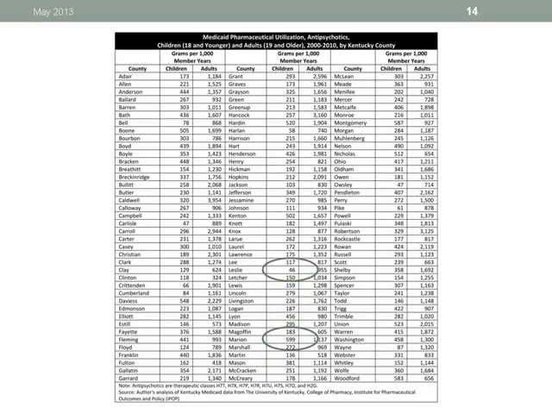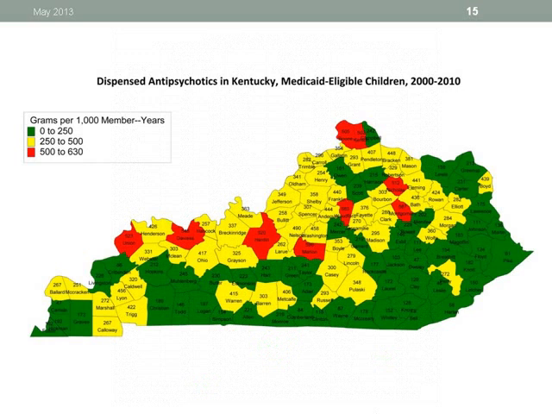Now I have a map that shows the dispensed antipsychotics, and again, this is children. And what I've done here is the green counties are from 0 to 250 grams per 1,000 eligible. Okay, why 250? Well, that was the median, right?